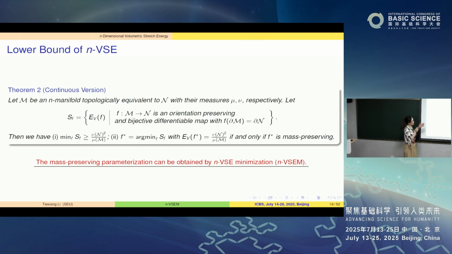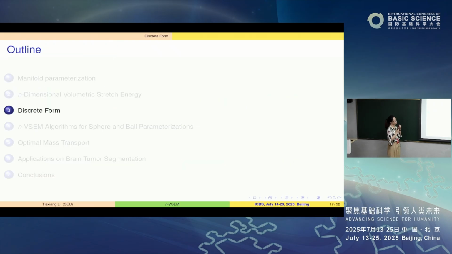It seems we can solve an optimization problem, by minimizing the energy. This theory gives us the fundamental for the optimization problem. That is the meaning of the continuous version. Okay, so we have the continuous version.